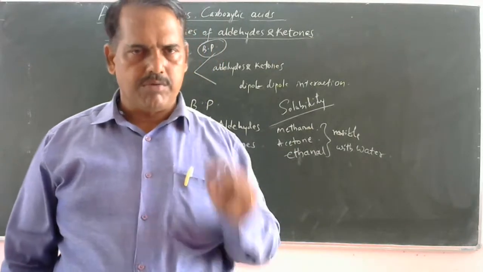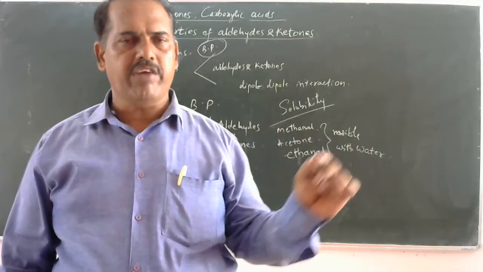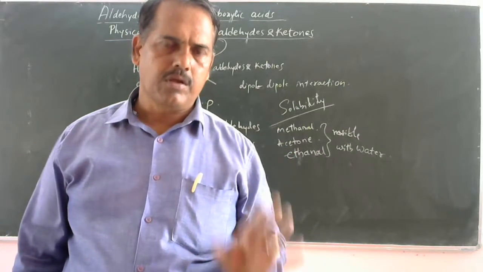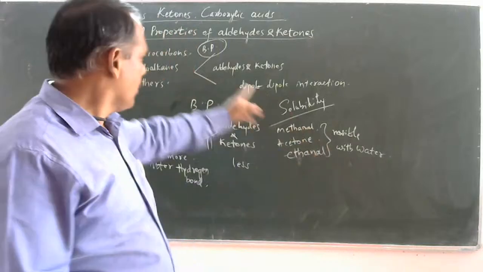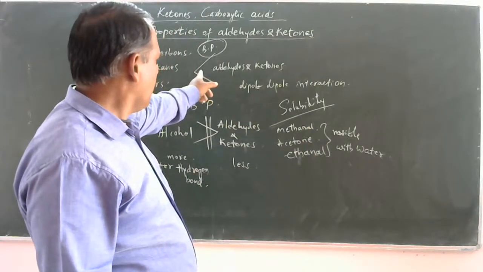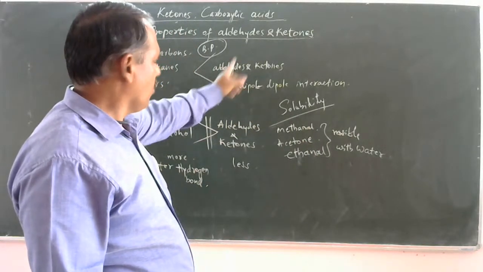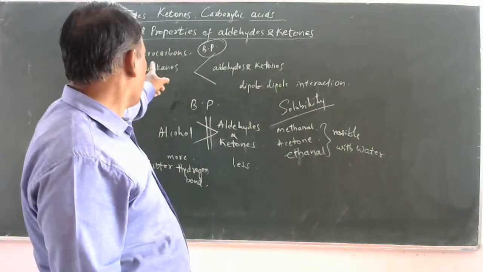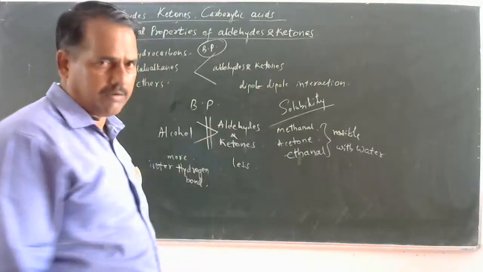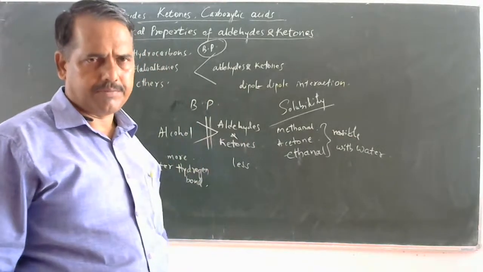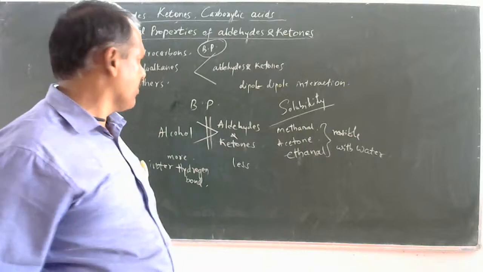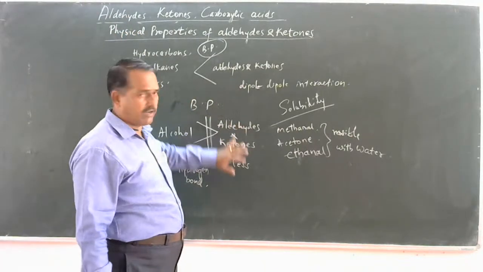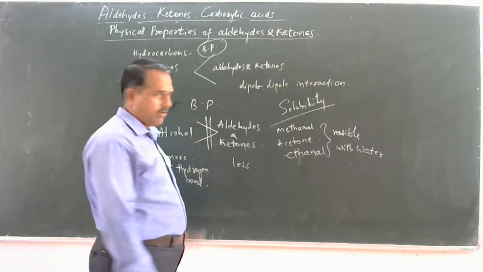Are you clear? Physical properties of aldehydes and ketones. In physical properties, aldehydes and ketones show more boiling point than hydrocarbons, haloalkane and ether. Repeatedly I am explaining the same thing, nothing else. Alcohol shows higher boiling point than aldehyde and ketone due to intermolecular hydrogen bond.